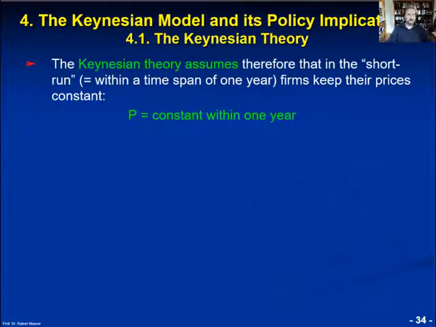The Keynesian theory assumes therefore that in the short run, which means within this framework a time span of 1 year, firms keep their prices constant. So the price level P is constant within 1 year.